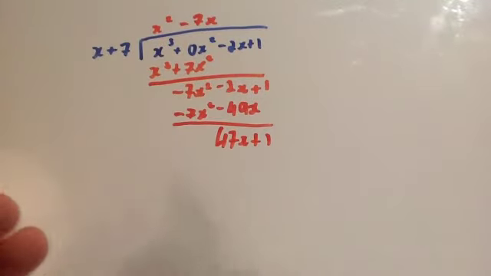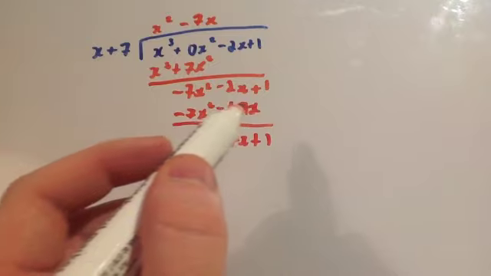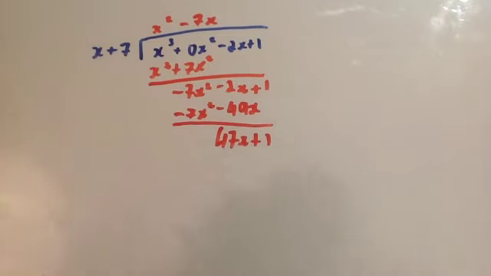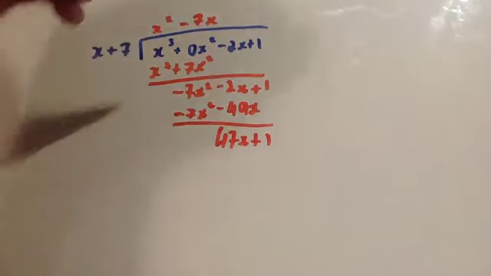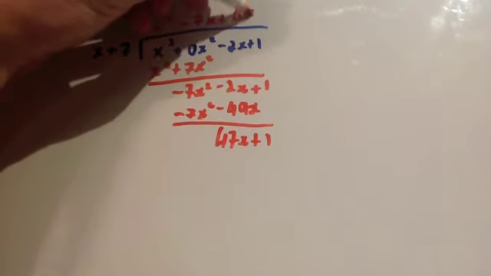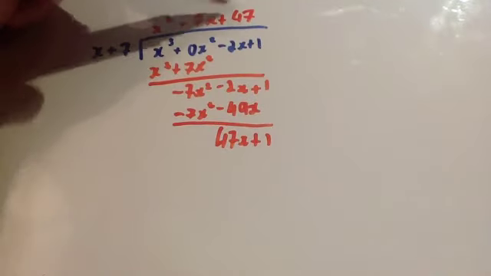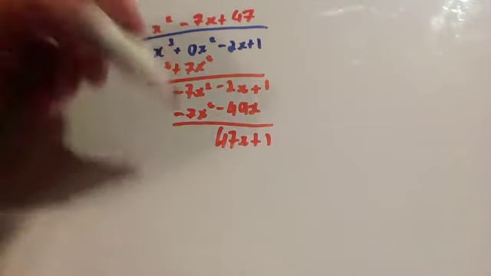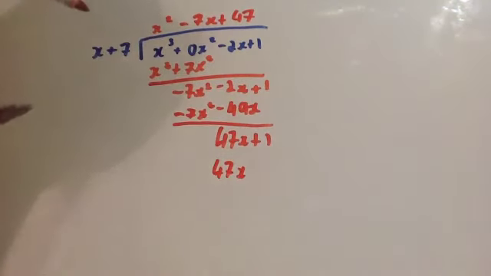Remember what I said earlier about a really clear layout? My 49x is sort of moved across. If I was writing this out on the page, it would be much tighter than this. Okay. 47x divided by x is plus 47. Remember, I've divided the 47x by the x to get plus 47. 47 times x is 47x, and 47 times 7.